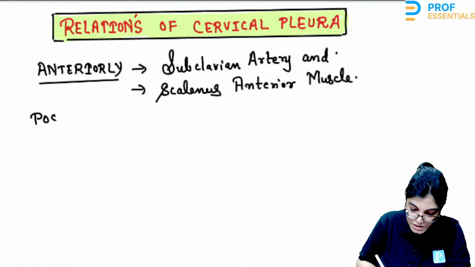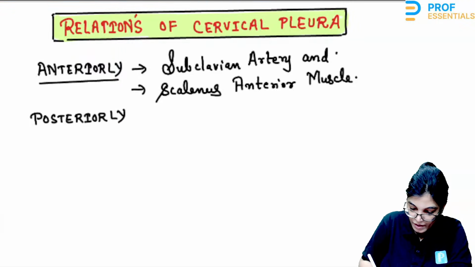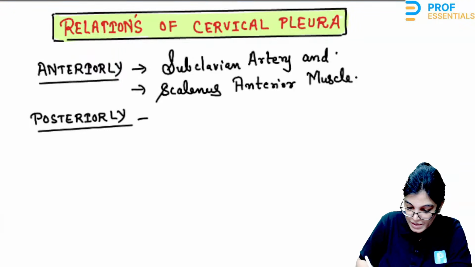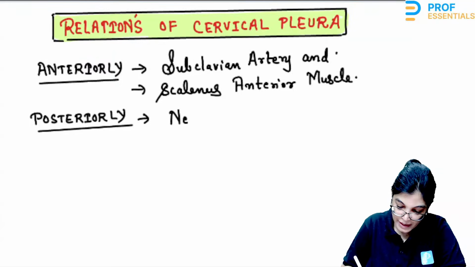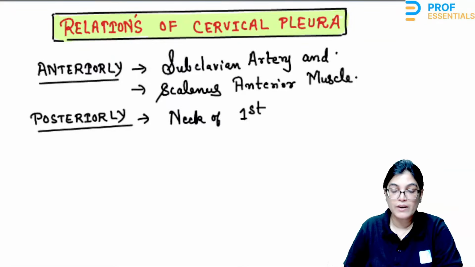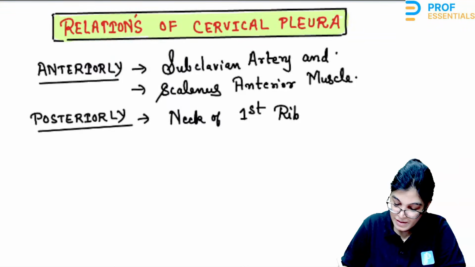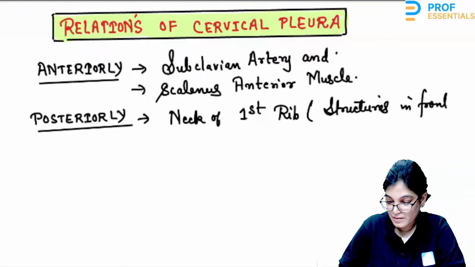Now coming to posteriorly. If I talk about the posterior aspect, the cervical pleura is related to the neck of the first rib and structures in front of it.